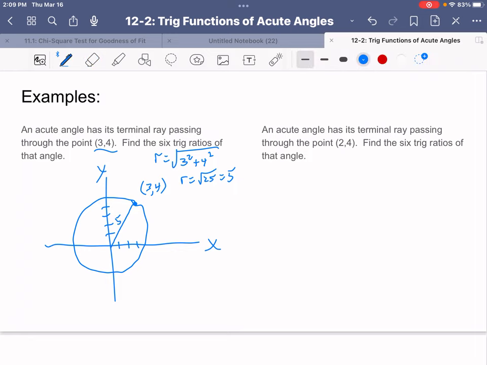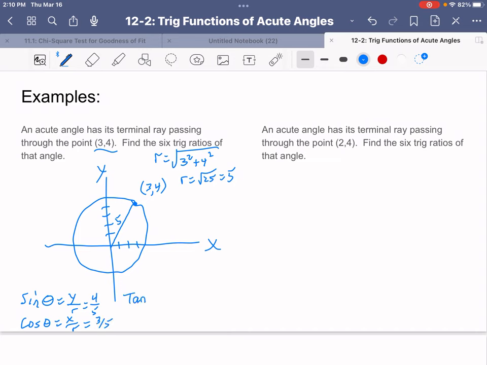So now I've got x, y, and r. It says find the 6 trig ratios of that angle. The sine of that angle is the y coordinate divided by radius, 4/5. The cosine of that angle is the x coordinate divided by radius, so that's 3/5.